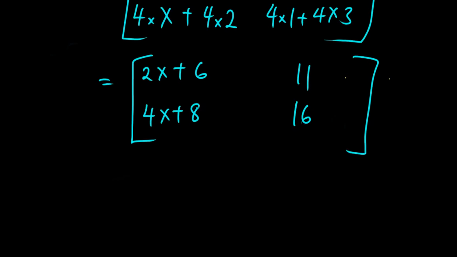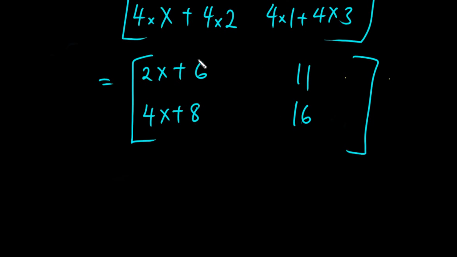So now we have a singular matrix. We are told that the product of A and B is a singular matrix, and as we have said, a singular matrix is one whose determinant is 0. So how do we find the determinant of this matrix? Again, we did this some time back.